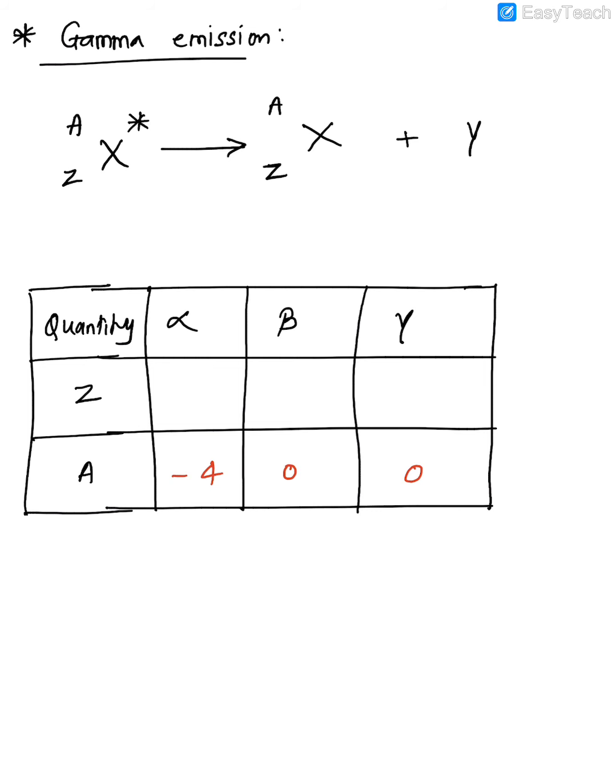Who's responsible for the change in the atomic number? By alpha it will decrease by 2. In beta it increases by 1, and in gamma there will be no change. So remember, in gamma there will be no change in the atomic mass or the atomic number.